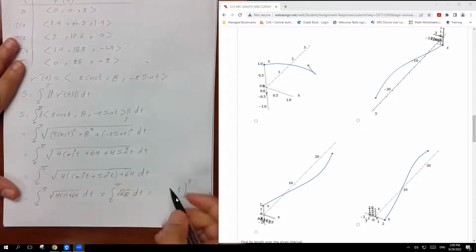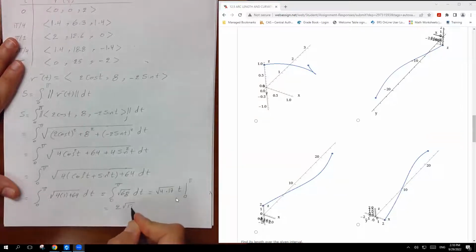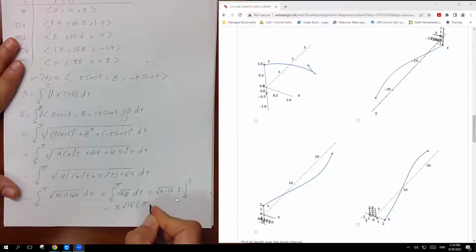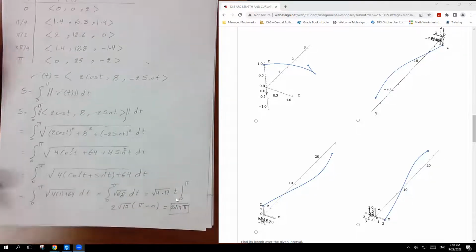We just have to find the root, which is 4 times 17. That means it's going to be 2 square root of 17, times pi minus 0. And the result is going to be 2 square root of 17 pi. So this is the final result.